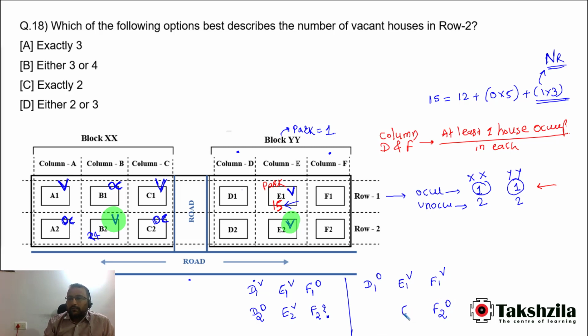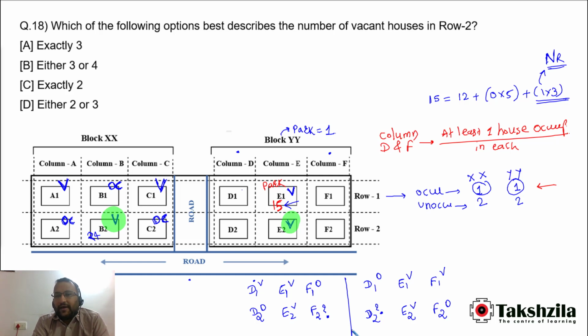Then E2 is vacant, that we already know, and D2 can be occupied or vacant, we are not aware as of now. So from this we can conclude the number of vacant houses in block YY in row 2 is going to be 1 or 2.